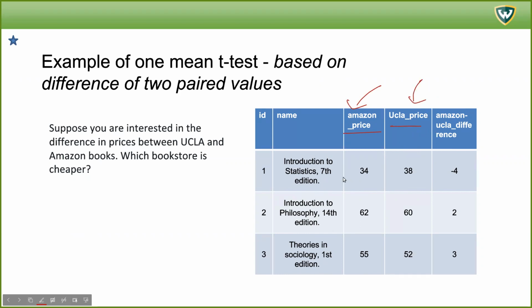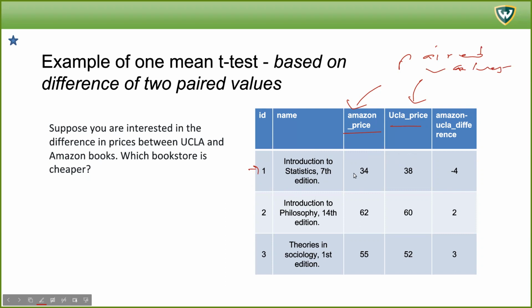Because we have these two price variables for the same unit, for the same book, we call these paired values. It's two different values for the same thing.